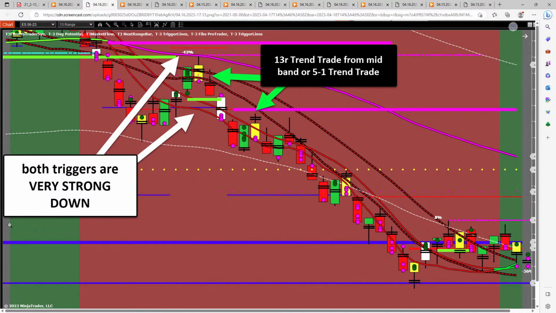Now, traditionally, this is going to be in conjunction with your 21-3 chart saying it's an okay thing to do and your 13-2 chart saying it's an okay thing to do. Does that make sense? Yes, you can trade up here if all your other charts say it's an okay thing to do.